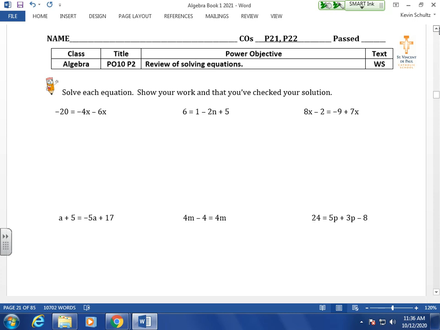Yeah, so PO10 Part 2. I would like you to do the 7 that I'm going to star. We'll do the first one, the second one, skip the third one, skip the fourth, and we'll do this one. So those 3 in the first 2 rows here.